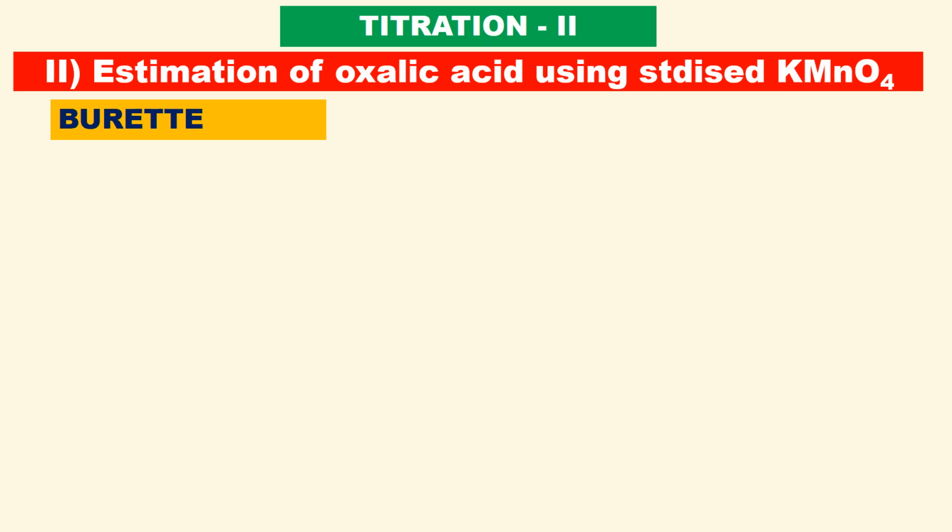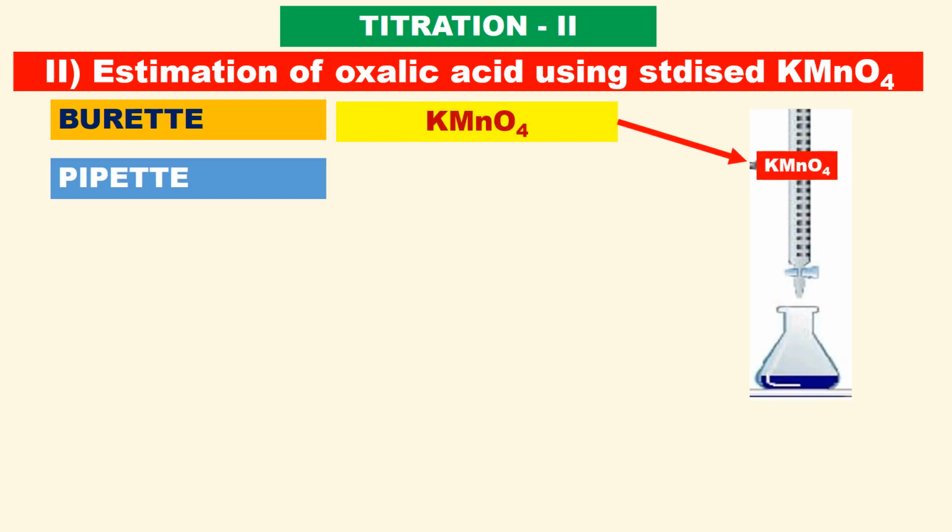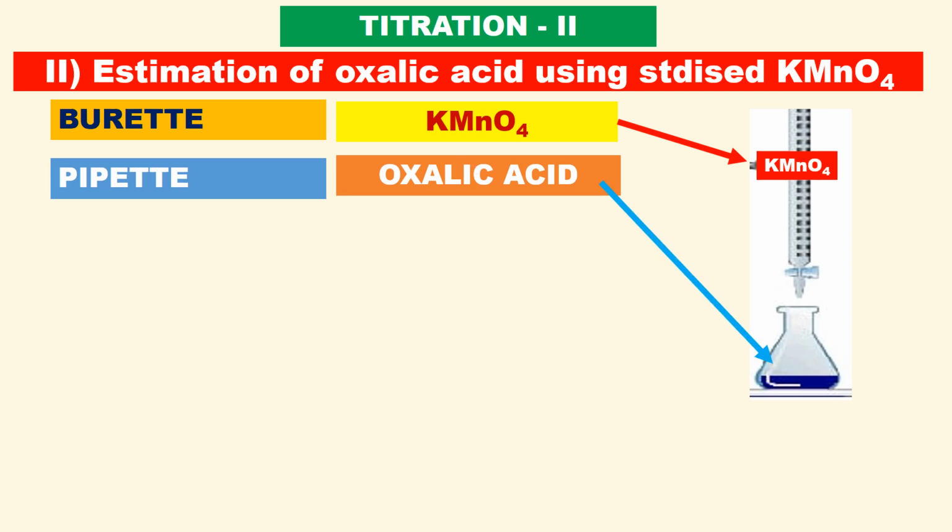Let us write the short procedure for titration 2. Titration 2, estimation of oxalic acid using standardized KMnO4. In the burette, KMnO4 is taken. In the pipette, oxalic acid: 20 ml of oxalic acid is pipetted out into the conical flask.